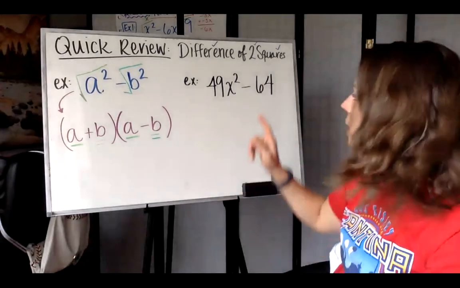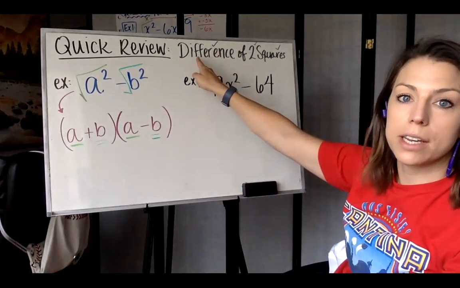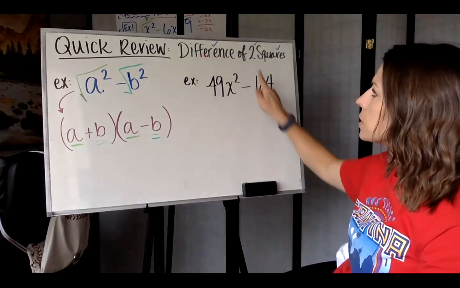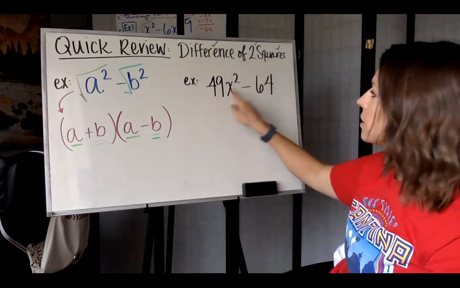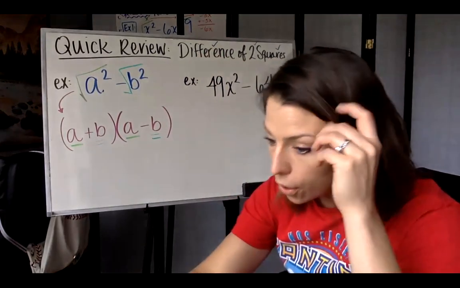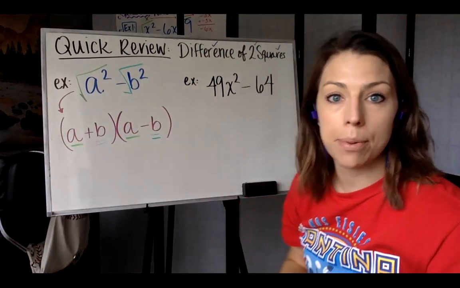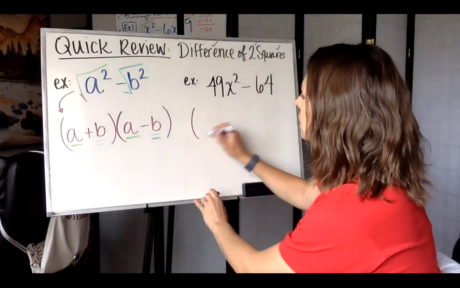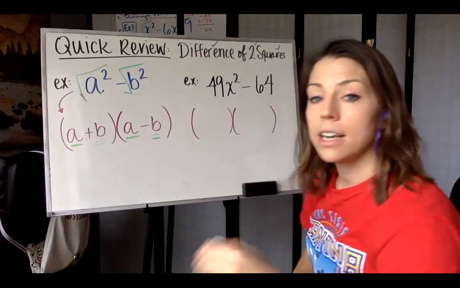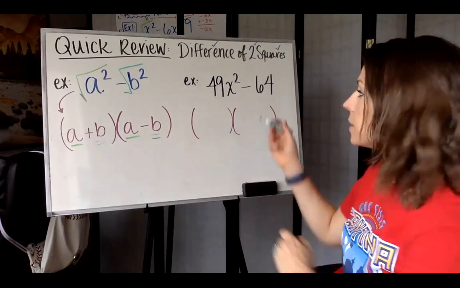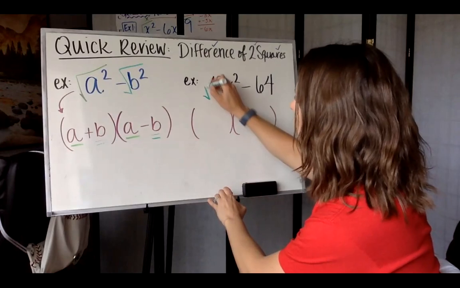Go through all three checkpoints. Is it a difference? Check one, yes. Does it have two terms? Check two, yes. Are both terms perfect squares? Check three, yes. So it takes one step to factor this. I'm going to set up my two binomials, and to find the terms of my binomials, I just take the square root of the first term.